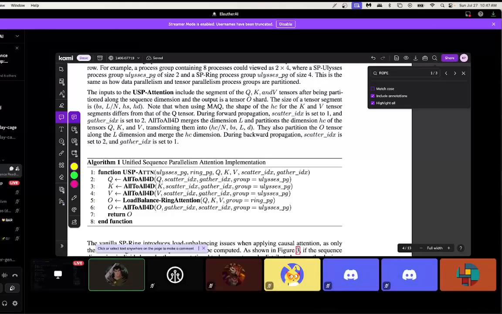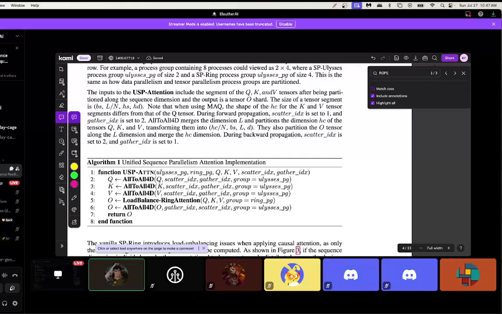To be absolutely clear, the inputs to USP attention are sharded on sequence and nothing else. Well, you can have tensor parallelism, but for simplicity, let's say it's sharded only on sequence, across the total number of devices.